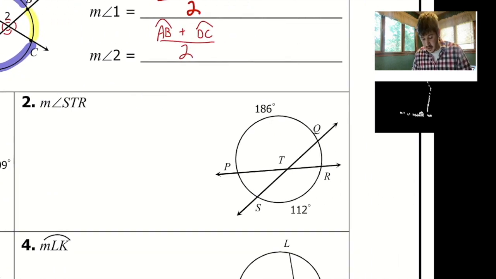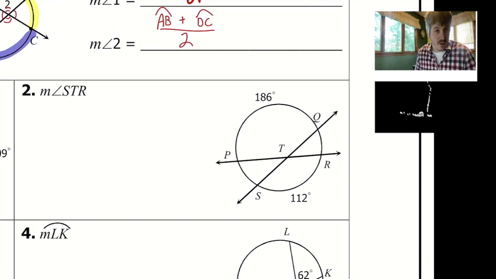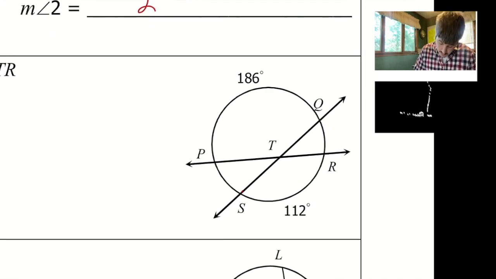And then this will be the last one because I only got a minute left. They want angle STR. So always be mindful of the thing you're looking for and what you're able to find. This is a good angle to find because look, it's intercepted arc 112.